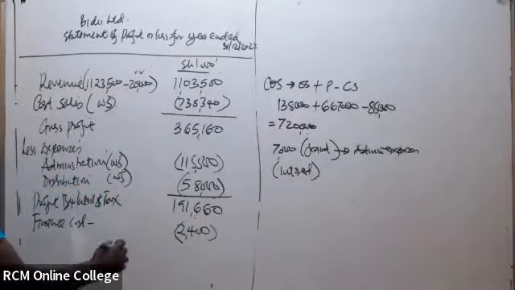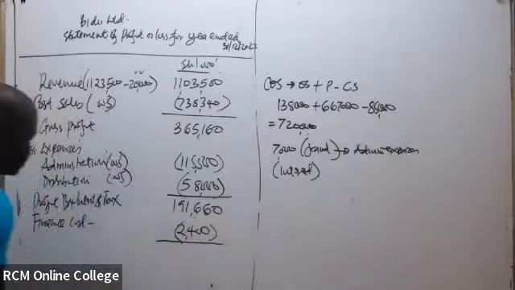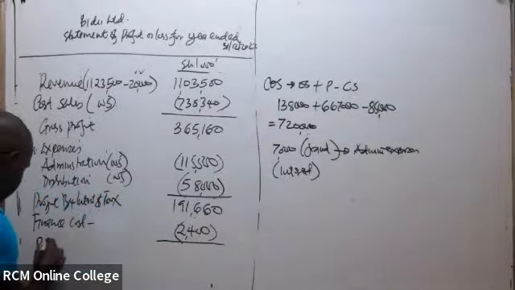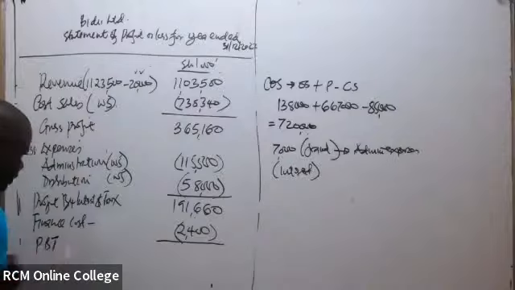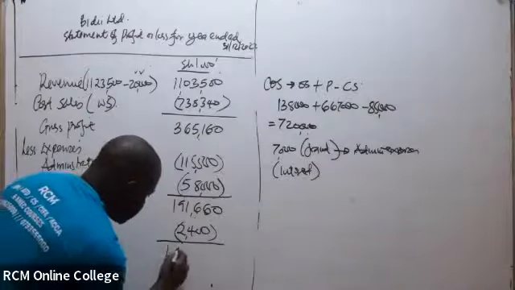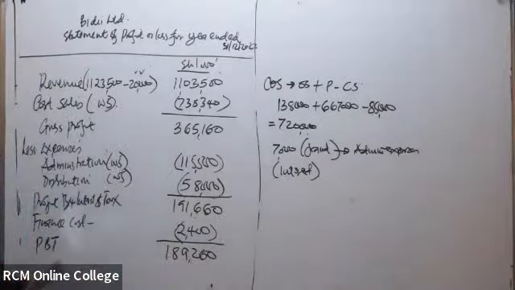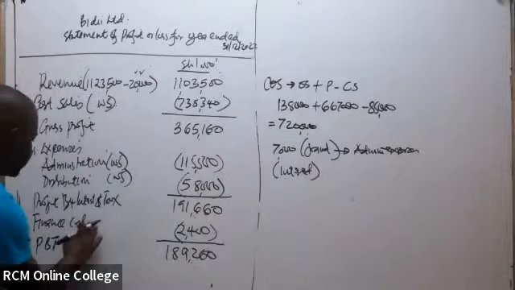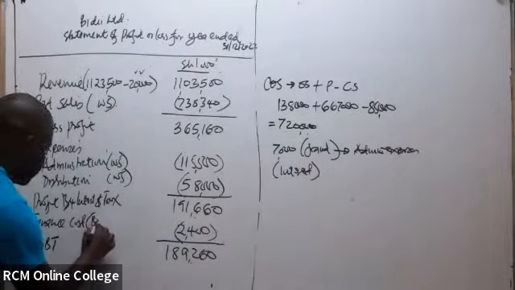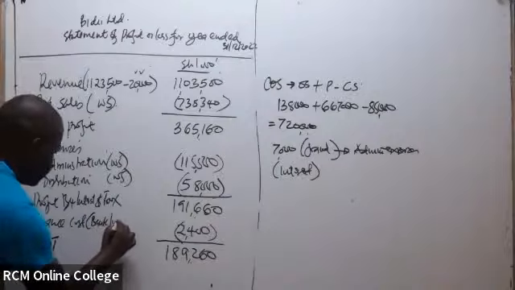So now you can less the interest so that you can get profit before tax, the PBT. The PBT, I can see you're giving a figure there of 189,260. Remember, this one is the bank interest, which you've been given in the trial balance.